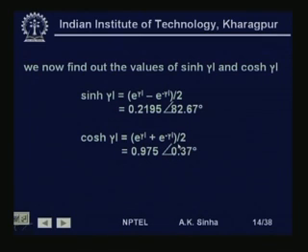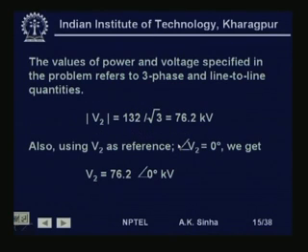So, knowing sinh gamma L, cosh gamma L and ZC, we can calculate the ABCD parameters for the transmission line. Now, the values of power and voltage specified in the problem refer to 3-phase and line-to-line quantities.